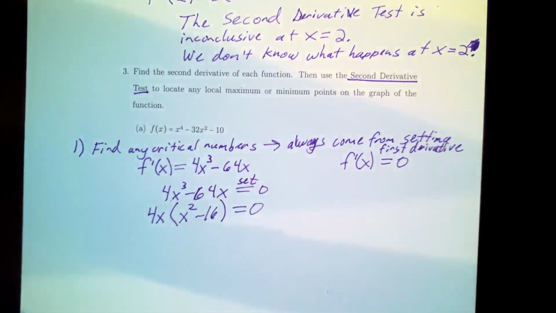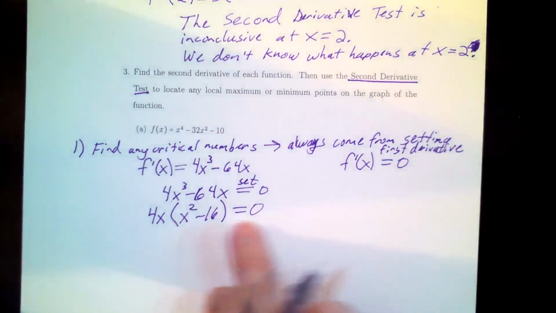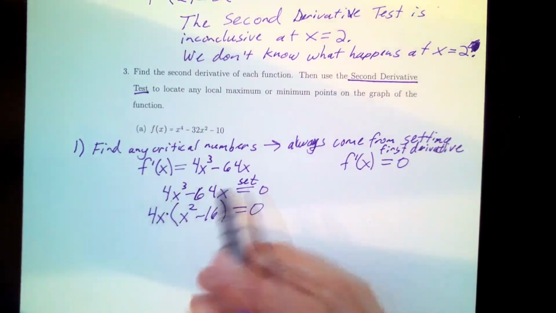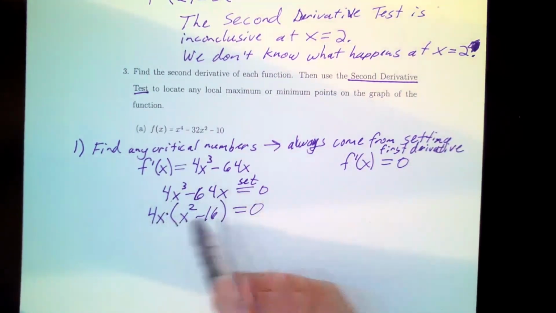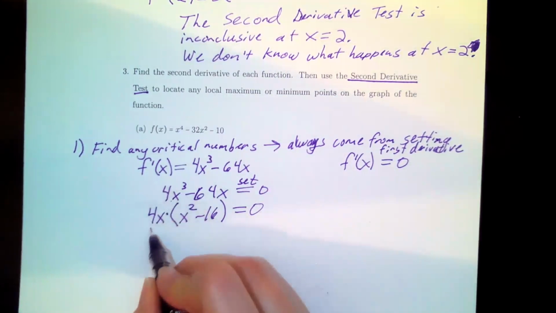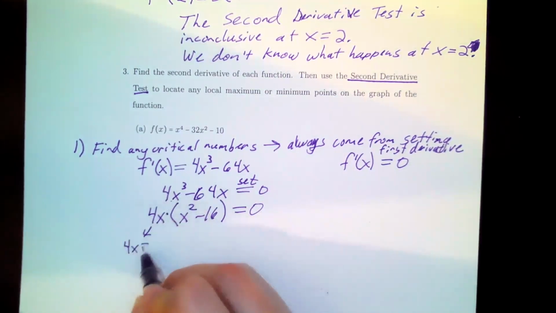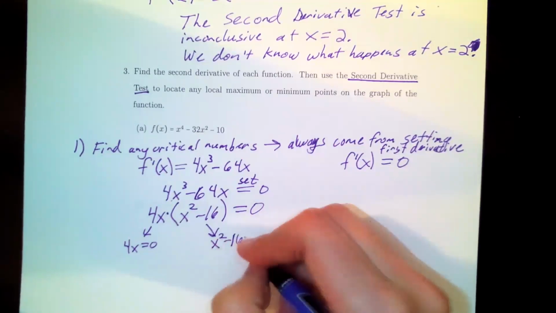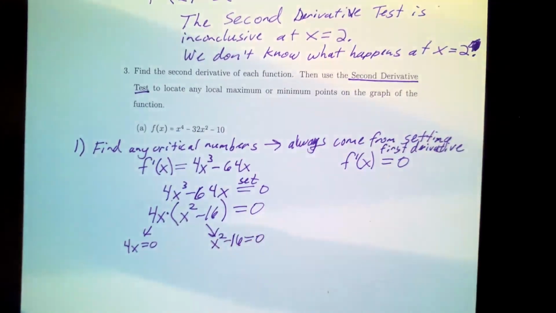I'm trying to solve that set equal to 0. When you have something like this set equal to 0, this is now factored in a way. This is one term times another, and the only thing that lets these two things multiply to be 0 is if one of them is equal to 0. So we set both of these equal to 0 and solve those separately.